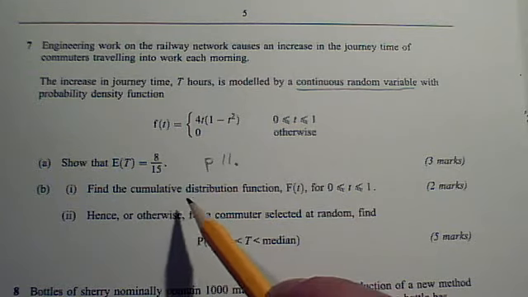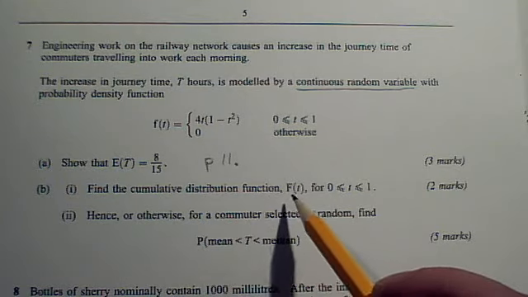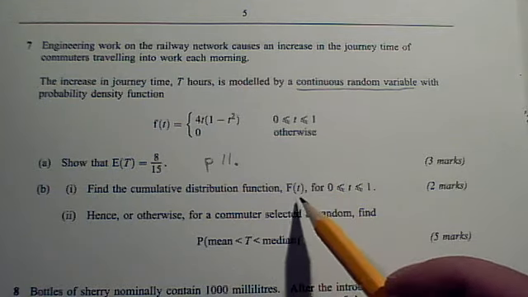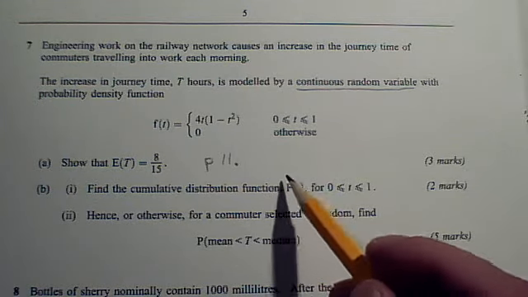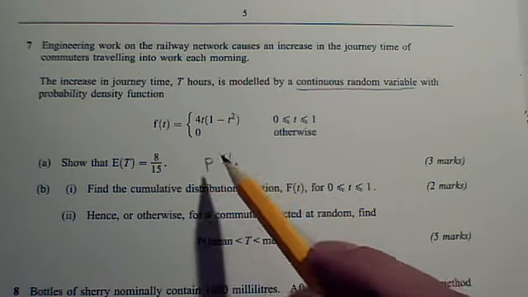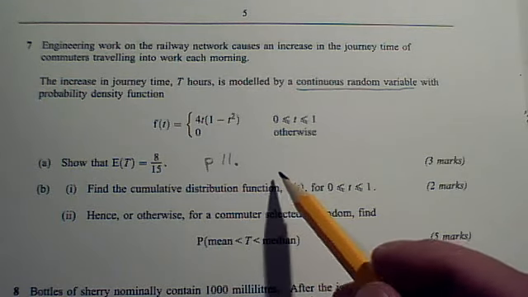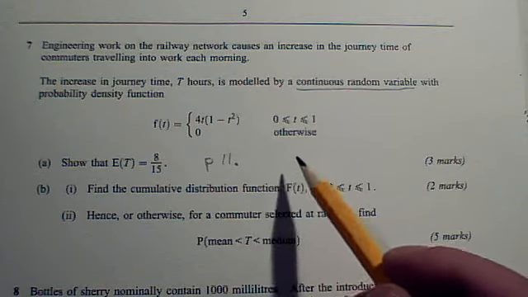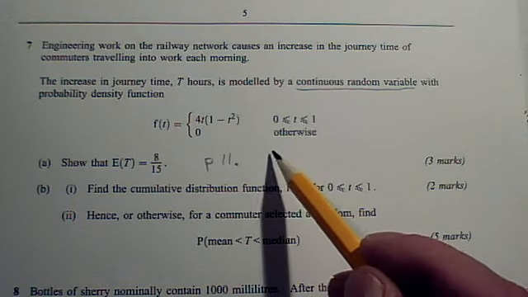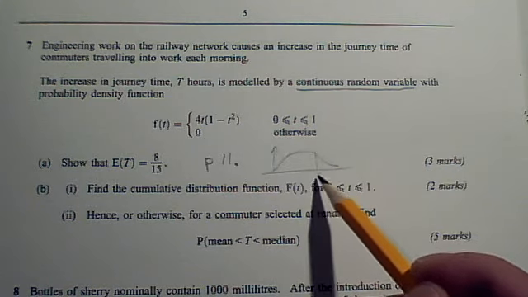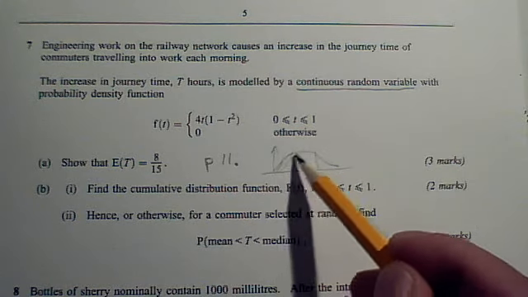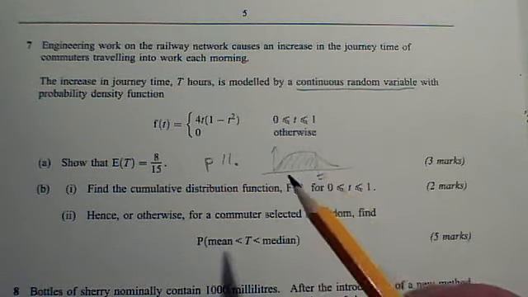Then we've got to find the cumulative distribution function F of t, which means the probability of being up to and including each value t. And it's always a good idea, even if they haven't made you, to draw a sketch of any old curve if you like, but illustrate what F of t looks like. So always be working with some kind of picture where you can see you've got a t value and F of t is the area up to and including that value.